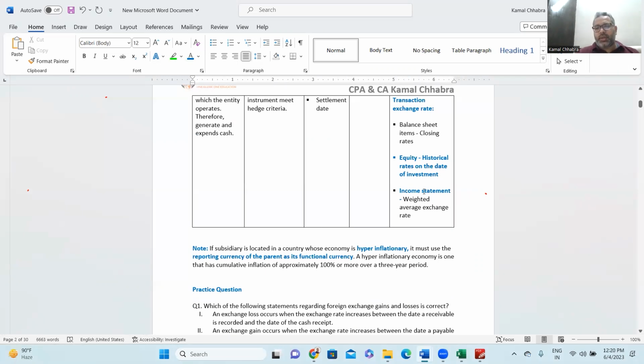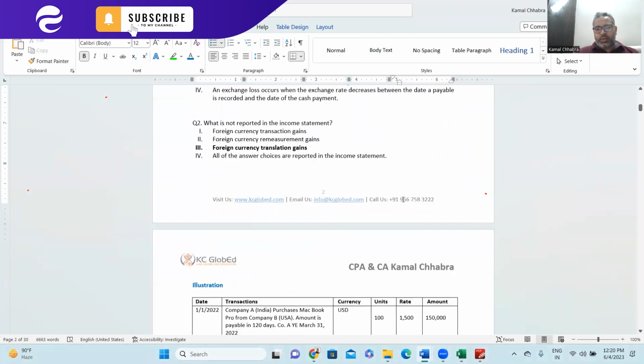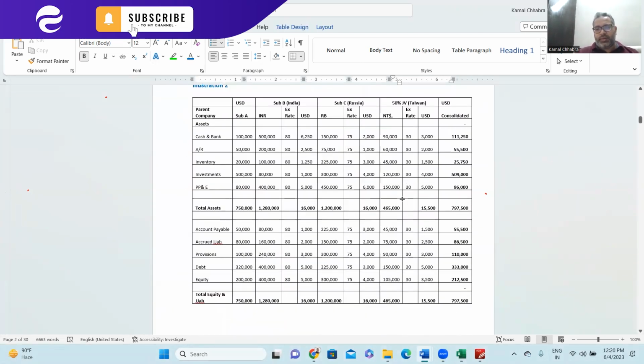So income statement items will use the weighted average exchange rate. So, like we discussed, these are all balance sheet items, right? Assets and liability. Same way, you need to convert the Indian subsidiary income statement also. Here the exchange rate which we have taken is on the balance sheet date, right?